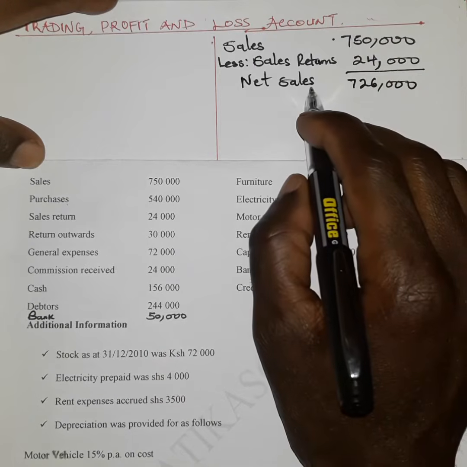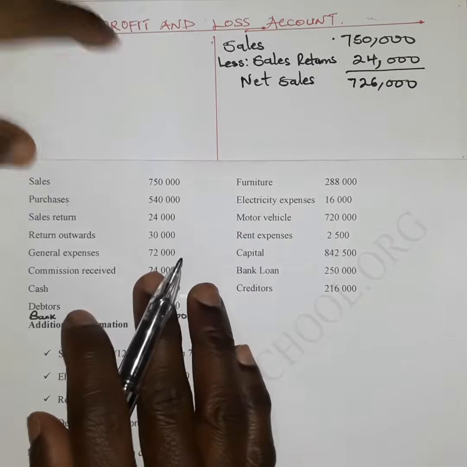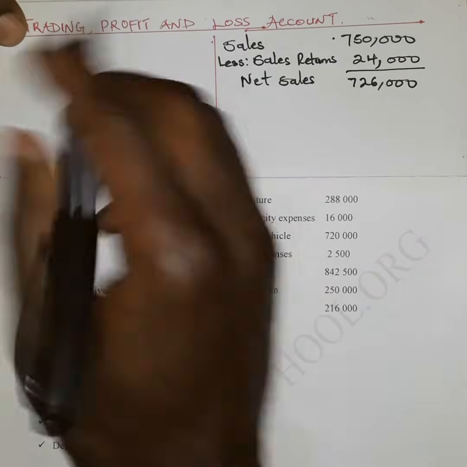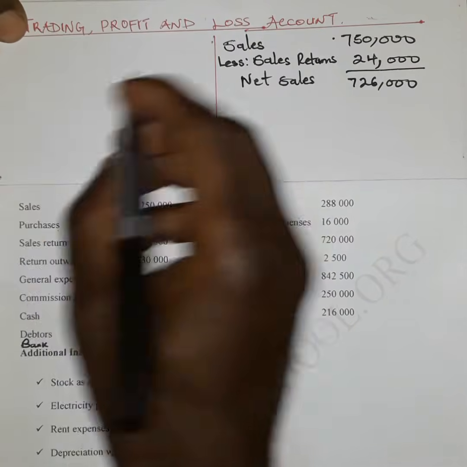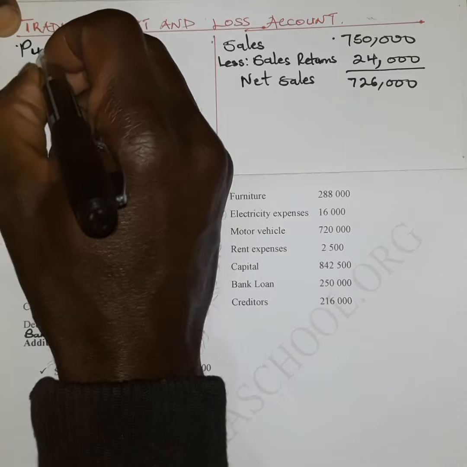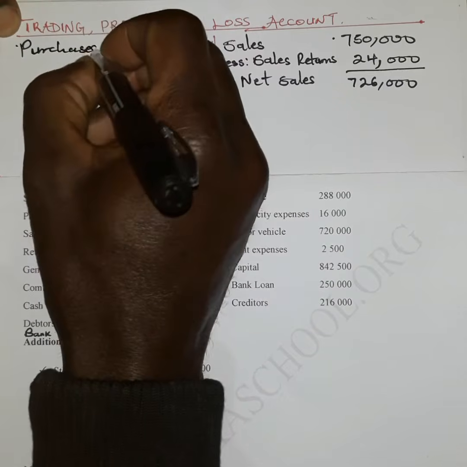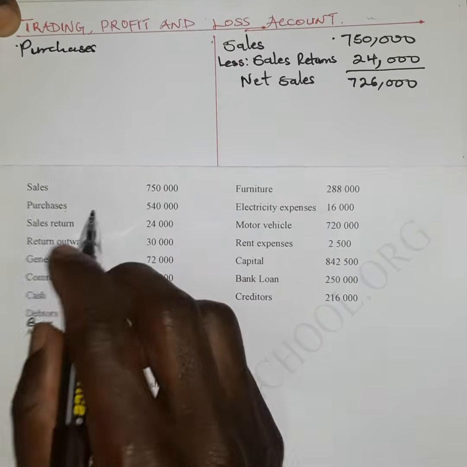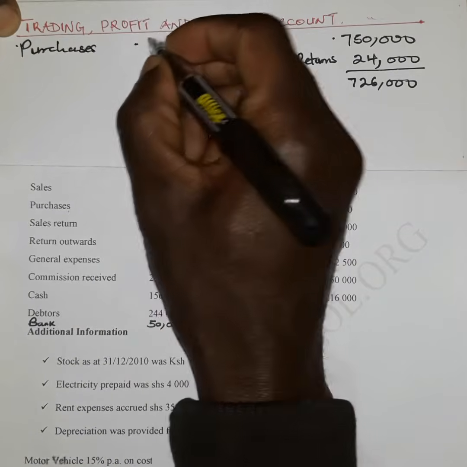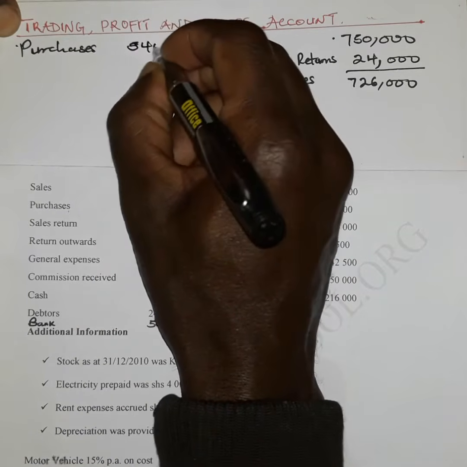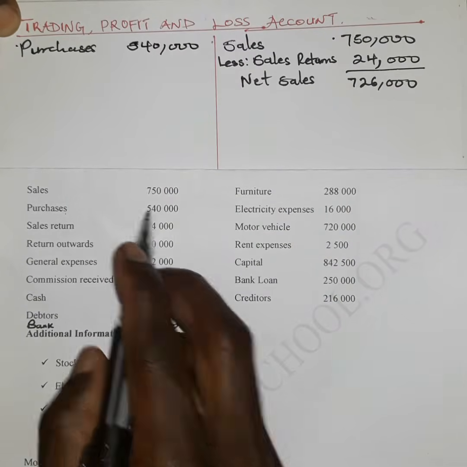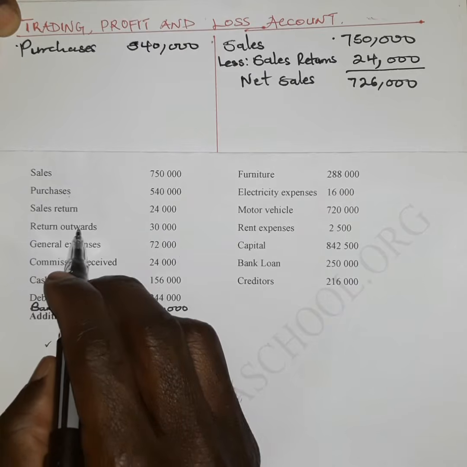We will compare this one with the cost of sales. For us to get the cost of sales, we normally start with the amount to do with purchases. These are the goods which were purchased, which is 540,000 as per the equation. And of course we are also given returns outwards.